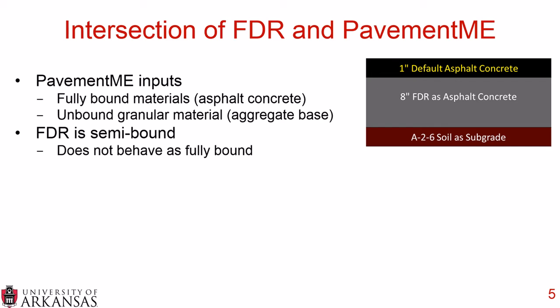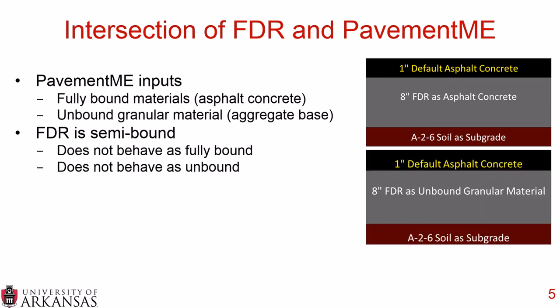But one way to represent FDR in PavementME is by saying it's an asphalt concrete material. But the other way of representing FDR in PavementME is saying it is unbound material. So again, the exact same pavement structure, the exact same materials, but instead of calling the FDR 8 inches of asphalt concrete, you could say that FDR is 8 inches of unbound granular material.